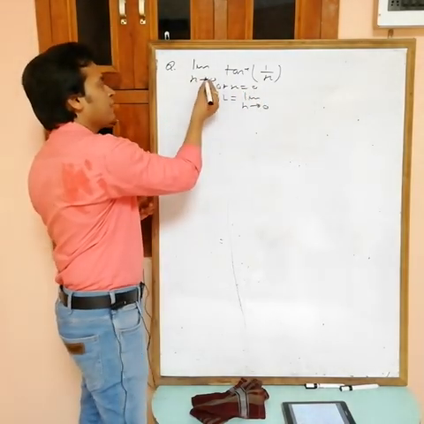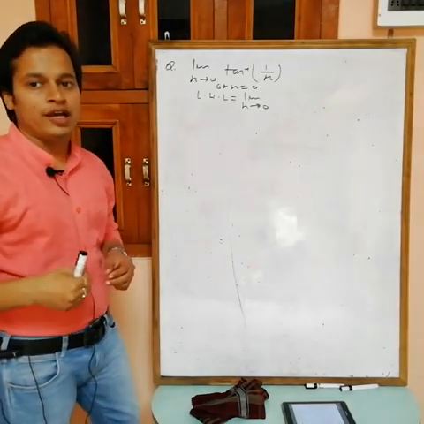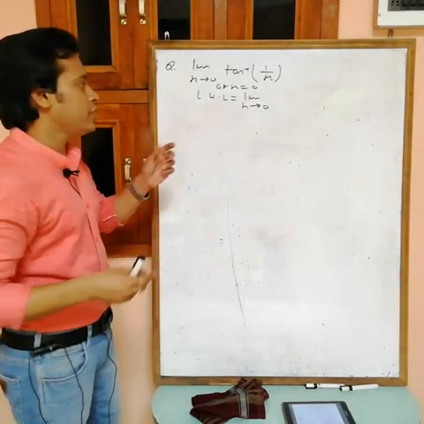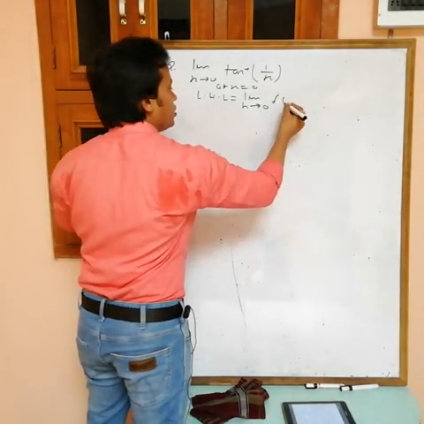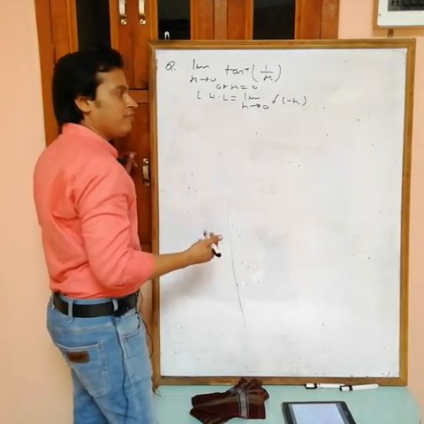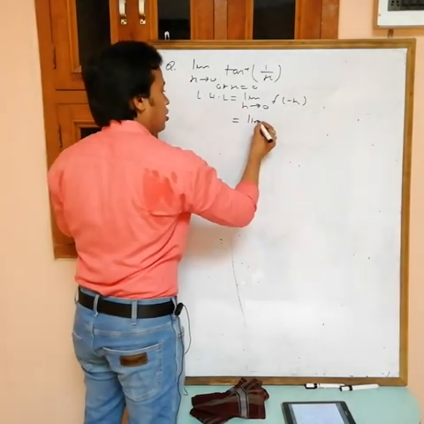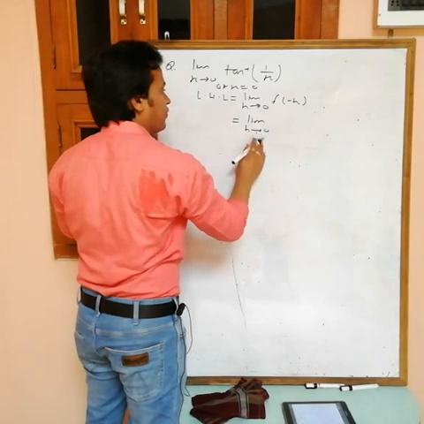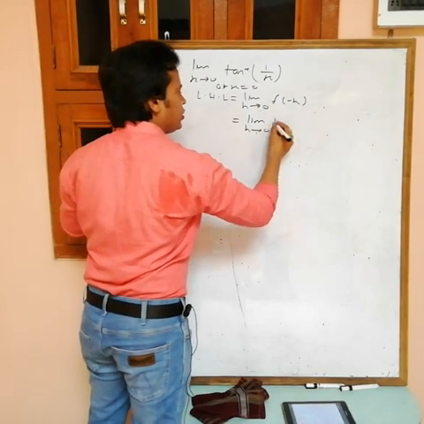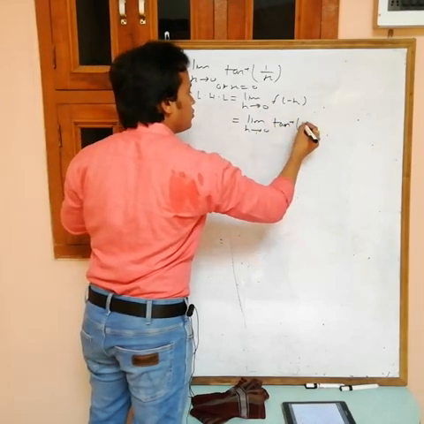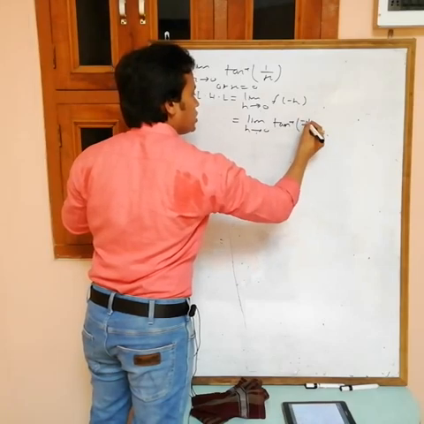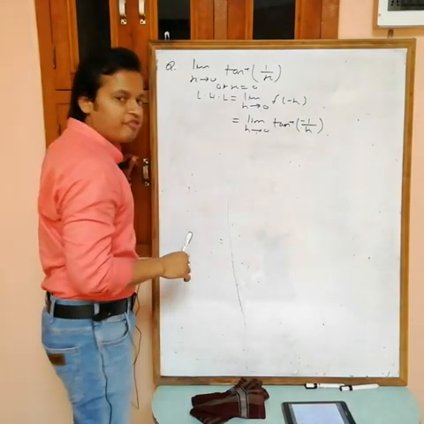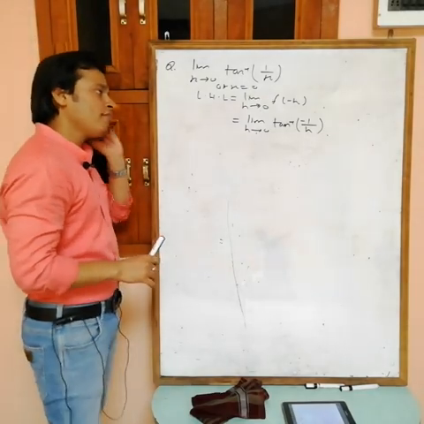We want the limit at x equals 0. So the value of LHL is the value of the function at a minus h. A is 0, so 0 minus h means f of minus h. Find the value of f of minus h. Limit h tending to 0, replace x with minus h, tan inverse 1 by minus h, can I write -1 by h? Same thing, okay, no problem.